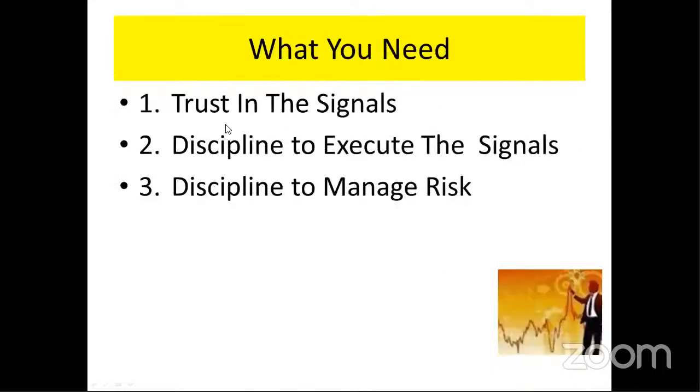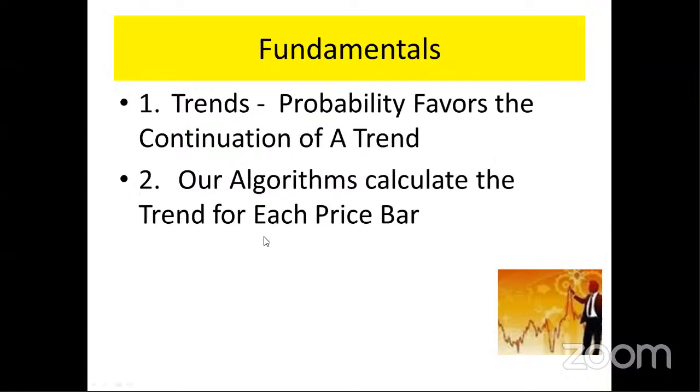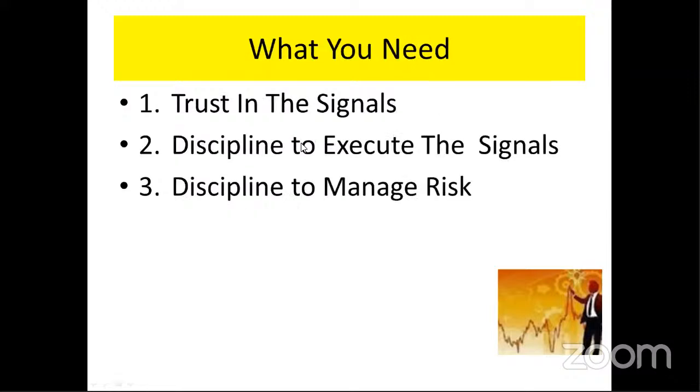All right, so some things that you need to do. Number one, you need to trust. You need to have a system that you can trust. Then you need to be able to trust the signals. You need to have the discipline to actually execute the signals and discipline to manage your risk. Now, one of your best friends is truth. Truth in terms of which way the market is going.